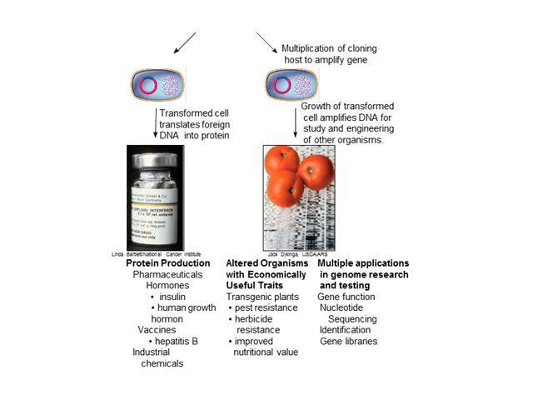So that's one economic application of this process. Another is multiple applications in genome research and testing. We can figure out gene function, we can sequence the gene, we can identify, and we can make gene libraries, just for more knowledge and understanding. So this process is very useful. We can get pharmaceutical drugs from it, or we can alter organisms or use it for research.